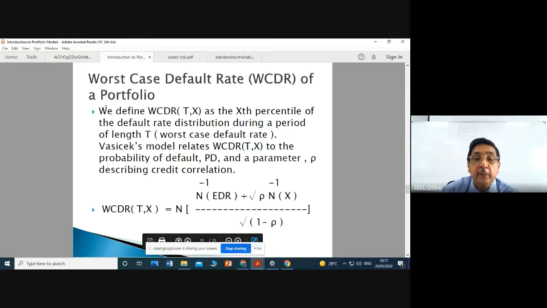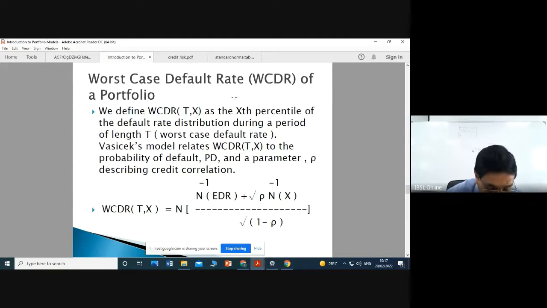Right. Now we will see how we can arrive at a worst case default rate of a portfolio. What does that mean? I think in credit analysis, this would be a very important factor, because you all know there's a particular process called stress testing.